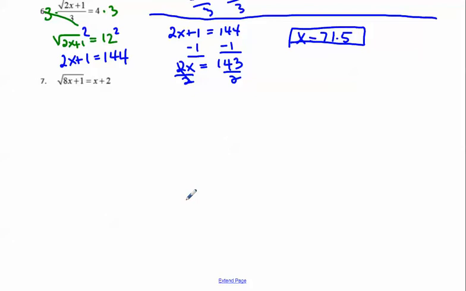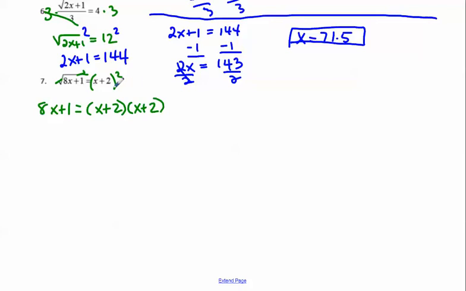Alright, this next one is tricky because this radical is already by itself, so I'm going to square both sides. But this side has two terms, so if I want to square this side, I need to put parentheses before I square it. Now the left is easy because the square root and the square will cancel, so I get 8x plus 1 equals. When you square x plus 2, you cannot square each term. You have to actually write x plus 2 times x plus 2 to figure out what this is going to give you.